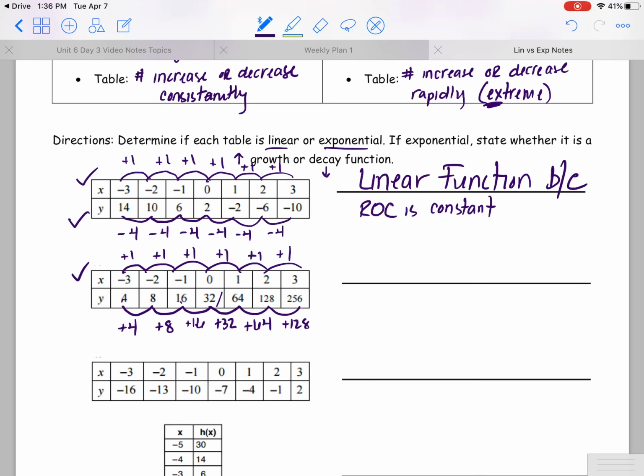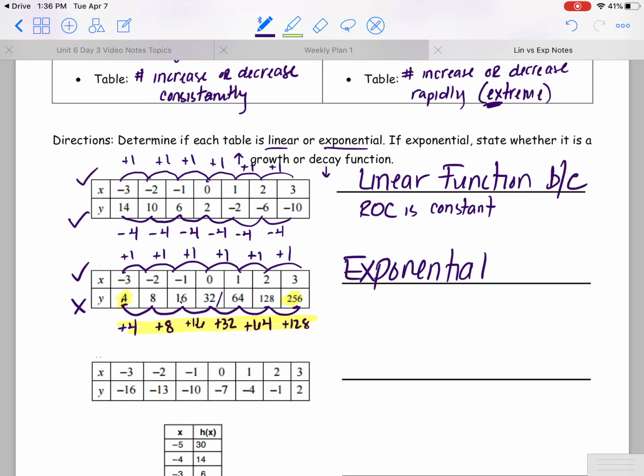If you're wondering how I'm getting these numbers, take the second number and subtract the first number, and that'll get you your difference. Now, if I look at my numbers, are they consistent? Are they the exact same thing? No. So I'm going to put an X here. Also, is there an extreme change, say from 4 to 256? I would say that's an extreme change. So this represents an exponential function.